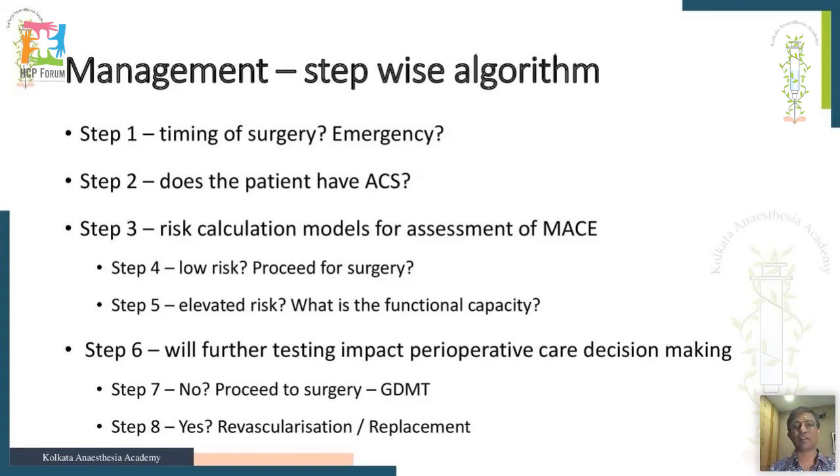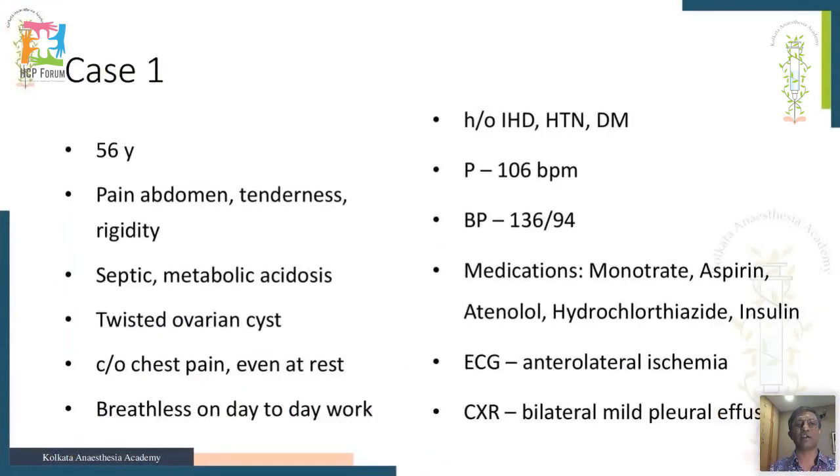Let's say a 56-year-old with pain abdomen, tenderness, rigidity, septic, in metabolic acidosis, has a twisted ovarian cyst, complains of chest pain even at rest, breathless on day-to-day work, ischemic heart disease, hypertensive, diabetes, tachycardic, BP is okay, on nitrates, aspirin, atenolol, diuretics, insulin, anterolateral ischemia, bilateral pleural effusion. So what do you do?